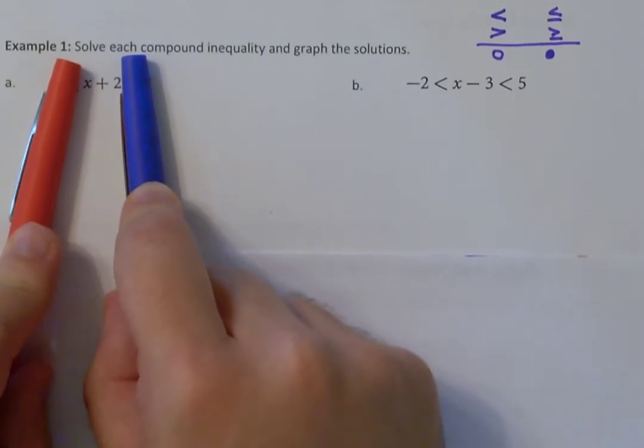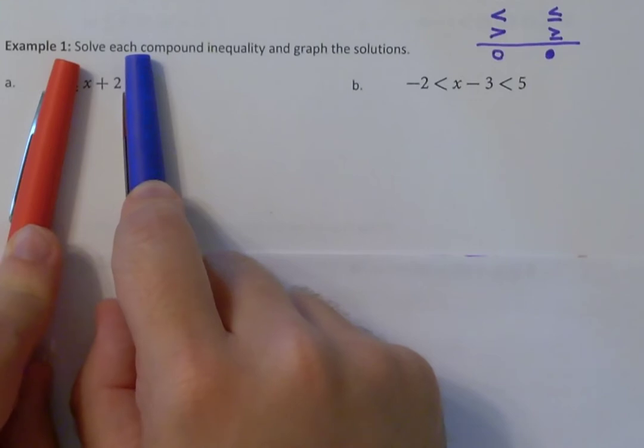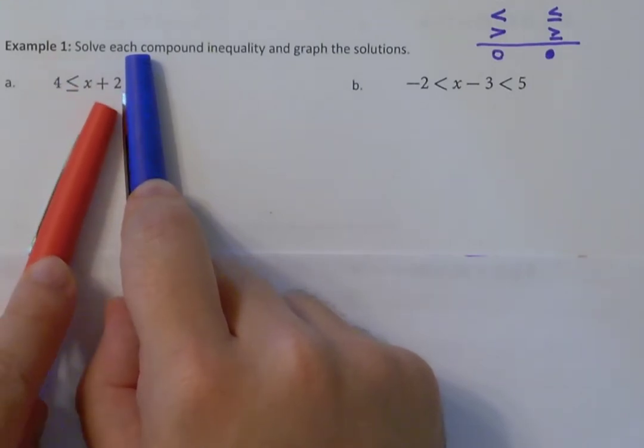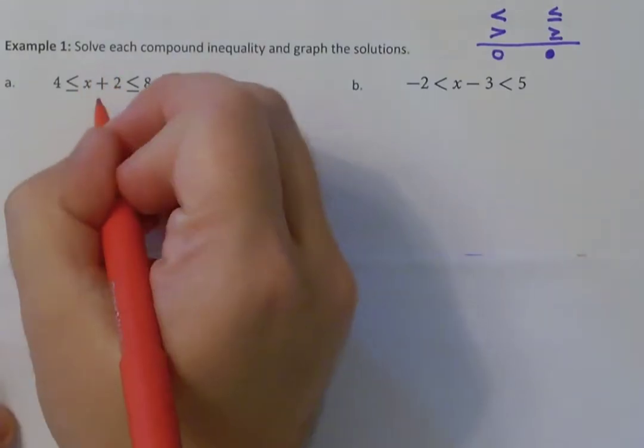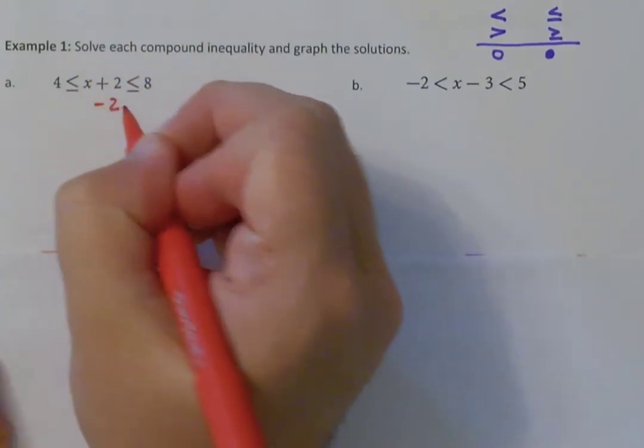What would we normally do to figure out what the value of x is? If I have x plus 2, I have to do the inverse, which would be subtracting, because the opposite of adding is subtracting. That means we need to subtract 2 away from this middle part. So if I'm solving for x, we subtract by 2.